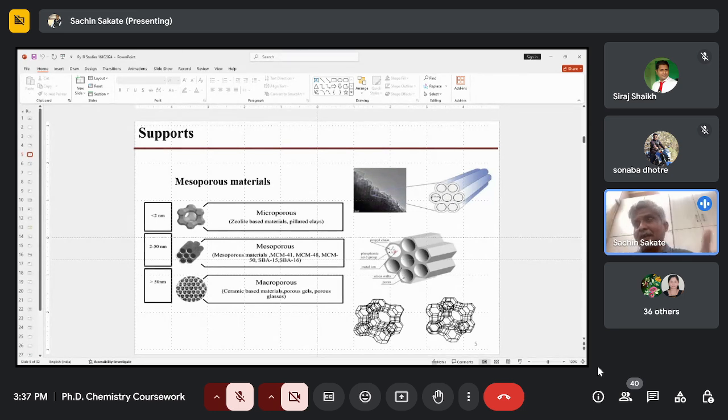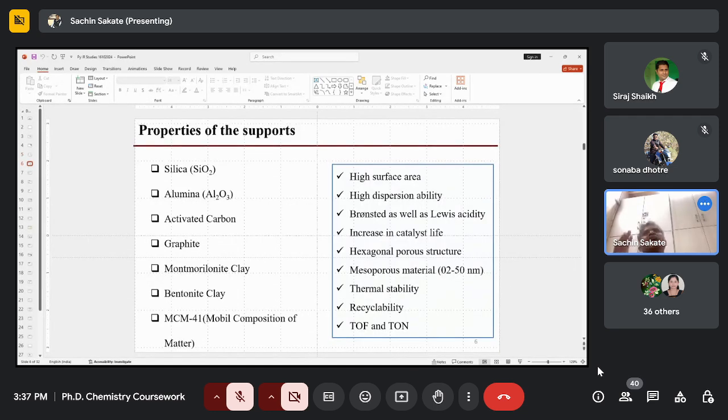So if you have that material in your hand as a support, which has very good properties, and which itself acts as a catalyst, then you can do a number of reactions in a very beautiful fashion actually. So what are the properties of the support? Why are we doing this support preparation, and this structure, its morphology, we are tuning it actually.